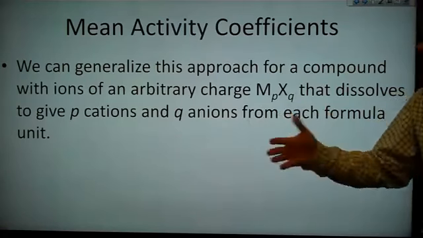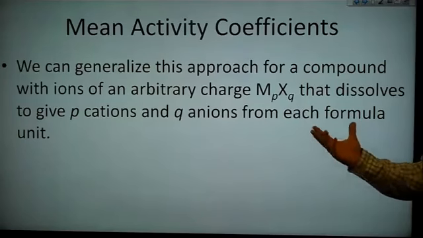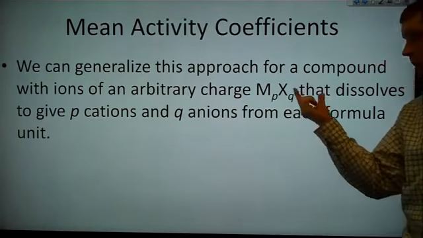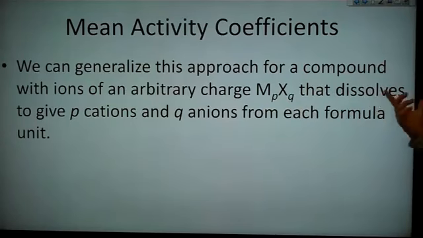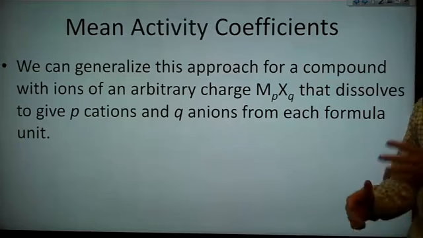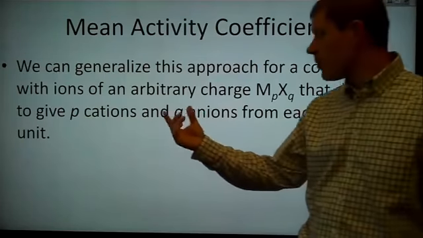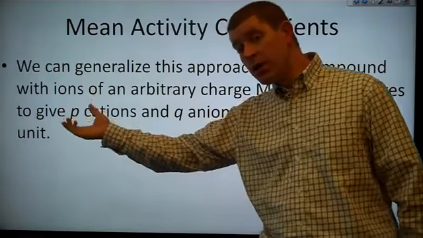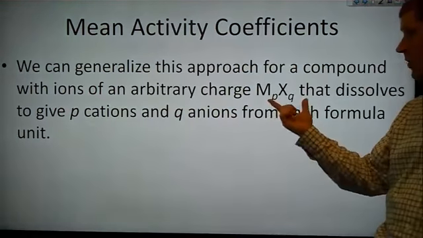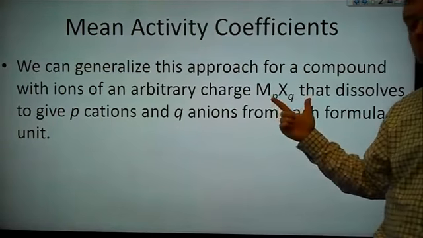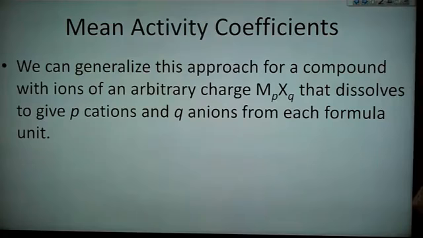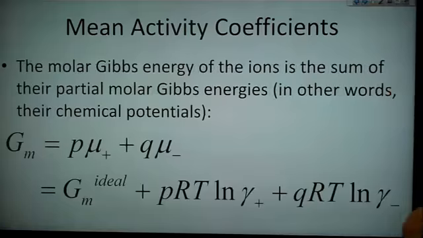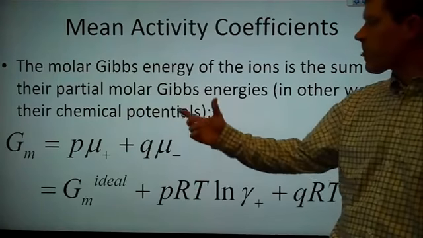And now we can generalize this sort of approach for a compound with ions of arbitrary charge. So MpXq dissolves to give p cations and q anions. The p and q are the subscripts in our compound here. Those are the numbers of cations and anions that we get out of each formula unit of our compound.